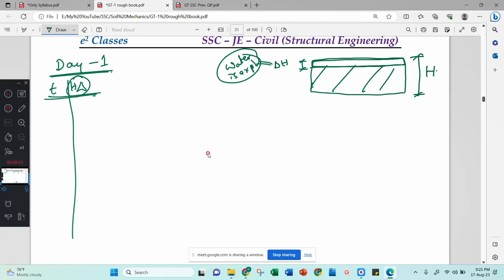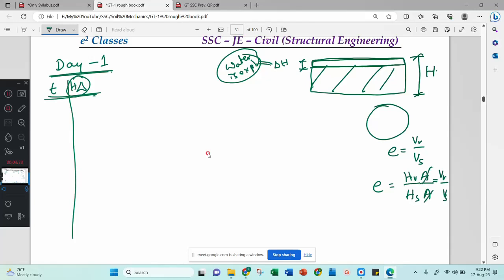Understood? The top plan area is constant. Therefore, instead of writing voids ratio e equal to VV divided by VS, may I write it as e equal to HV divided by HS? Yes, I can, because if I multiply area in the numerator and denominator, it converts into VV by VS only, because area into height is volume.